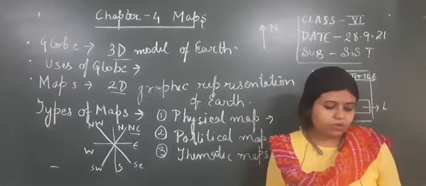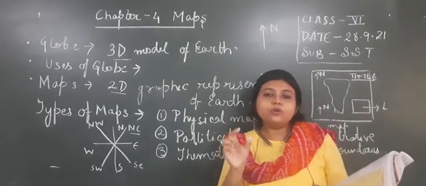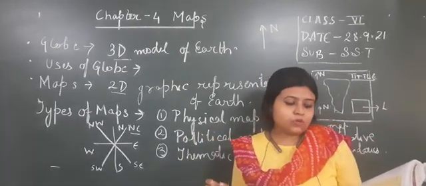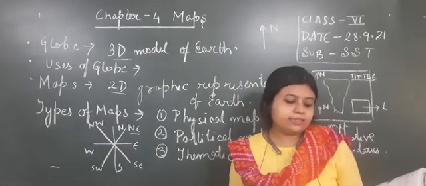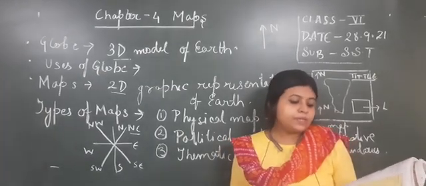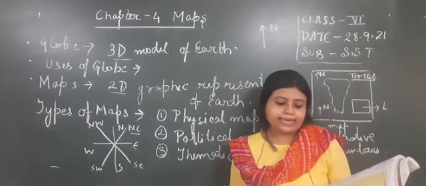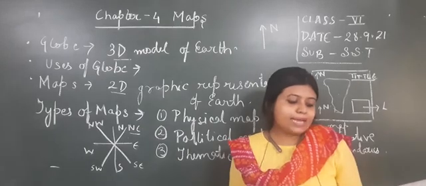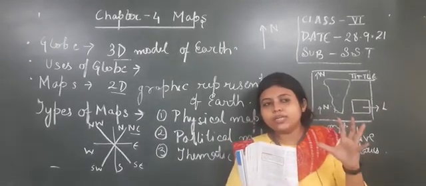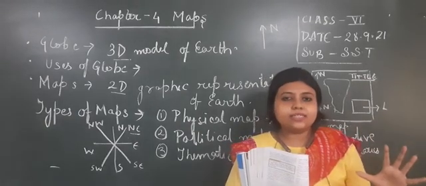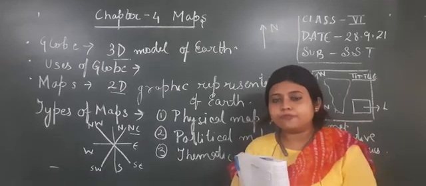For coloring, blue represents water bodies, oceans; green for plains and vegetation; uplands in yellow, mountains in brown, snow and ice in white, and man-made features in red. Man-made features means, for example, settlements, which are marked in red.